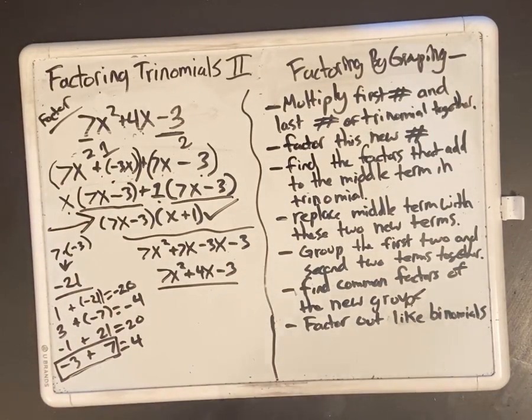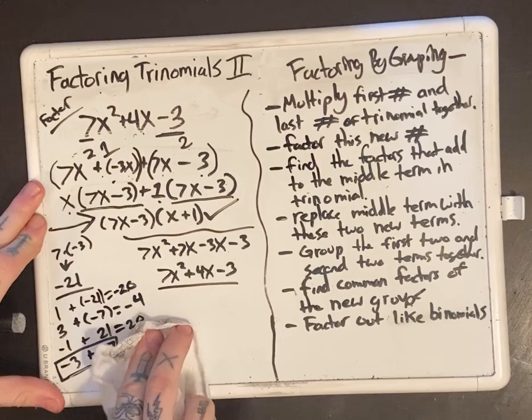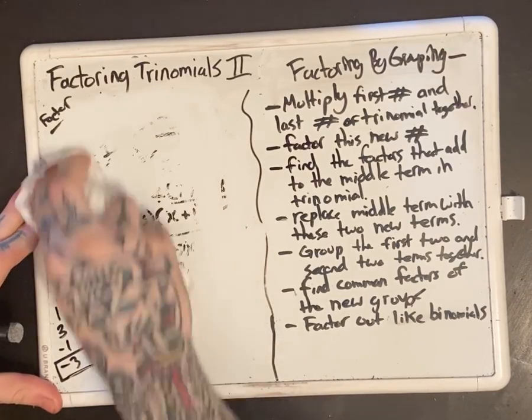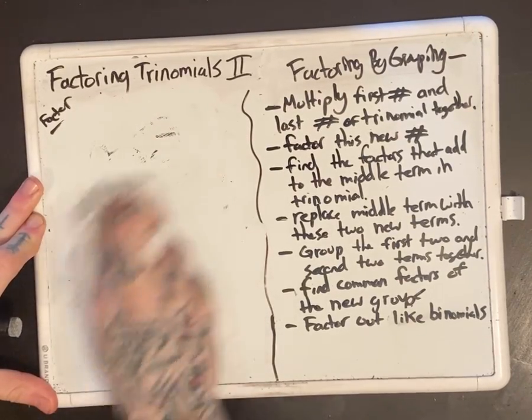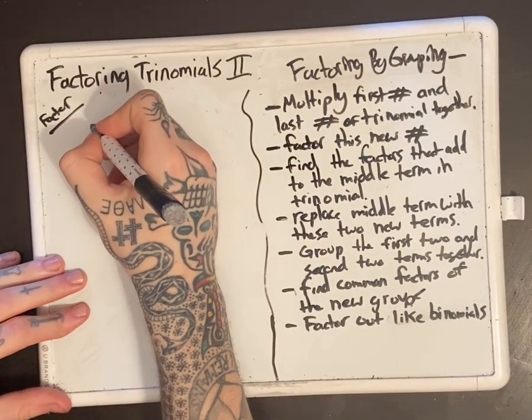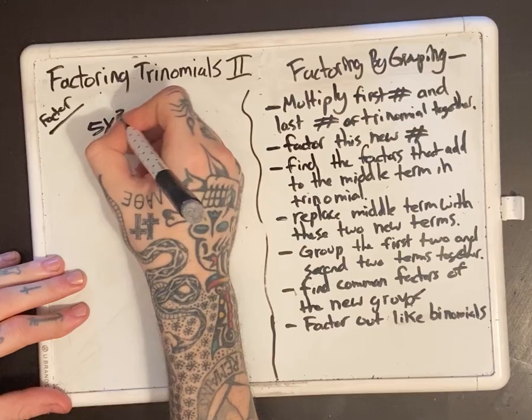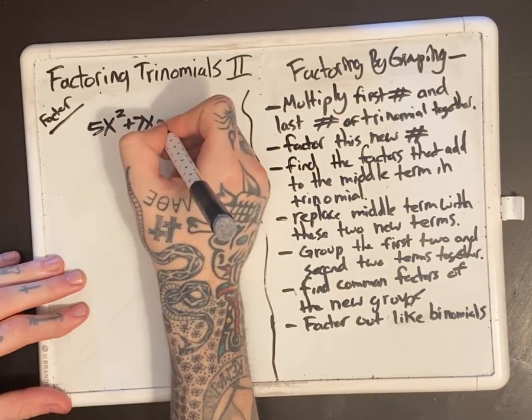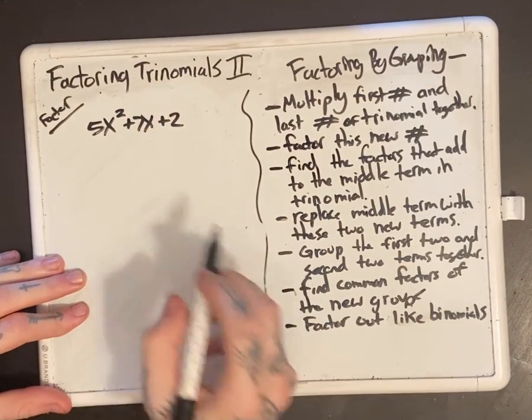Okay? So I'm just going to do one more of those from the homework using the grouping method. So it's going to be number 1 from the handout. So 5x squared plus 7x plus 2.